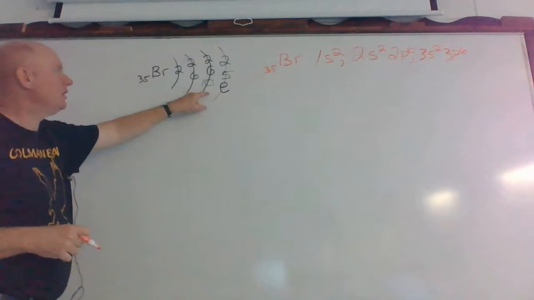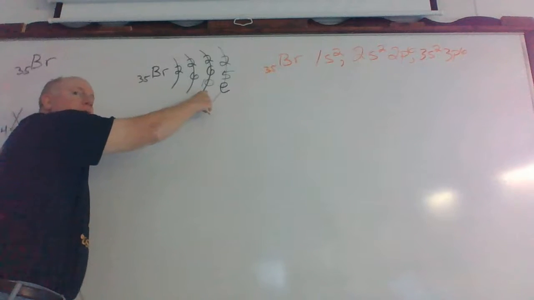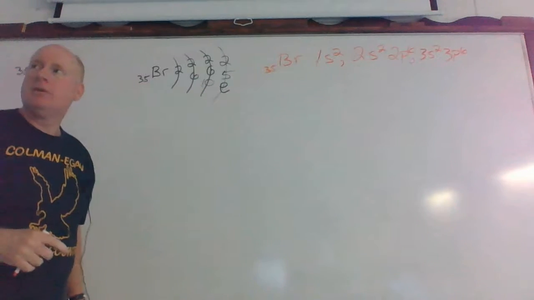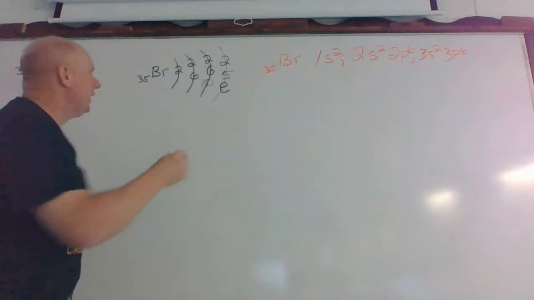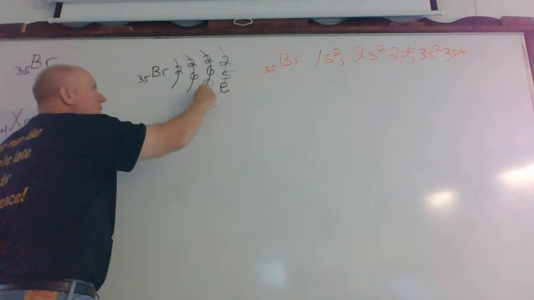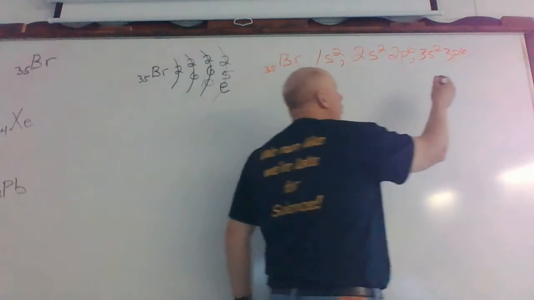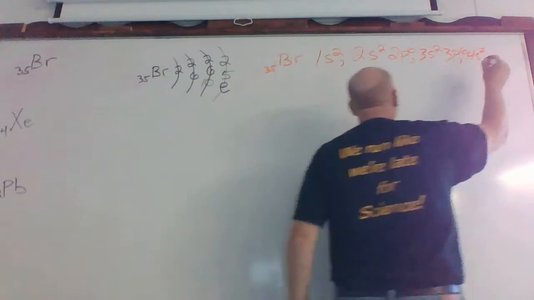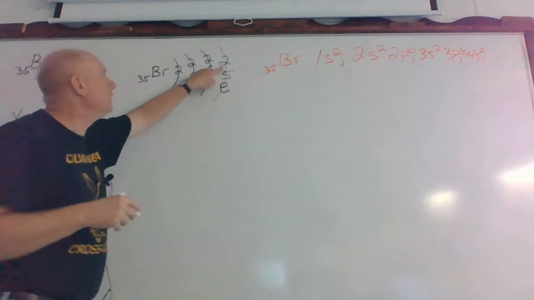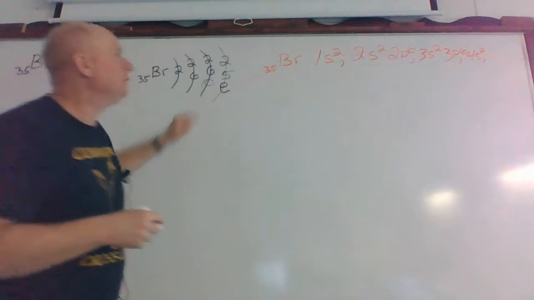Then this is where it gets to be a little tricky. This does not come next. Your slide rule accounts for that, or Aufbau principle. That's one of the things we had discussed yesterday. We don't go 3d10 next. Your slide rule says 4s2 goes next, which it does. Then what? 3d10.